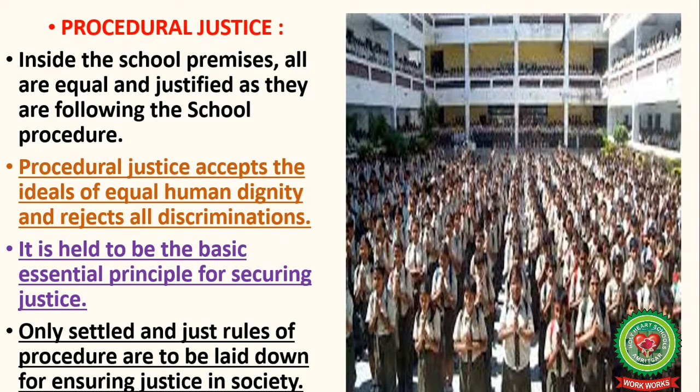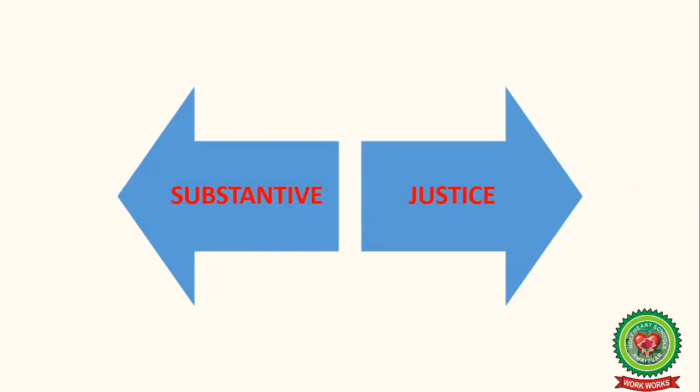So procedural justice accepts the ideals of equal human dignity and rejects all discriminations. It is held to be a basic essential principle for securing justice. Only settled and just rules of procedures are to be laid down for securing justice in society.